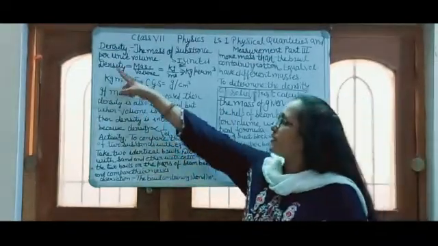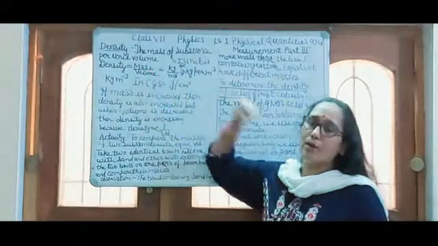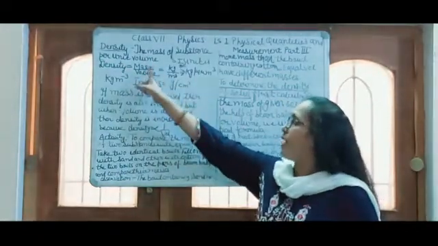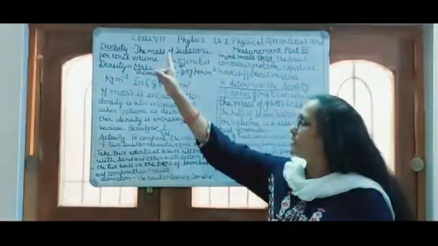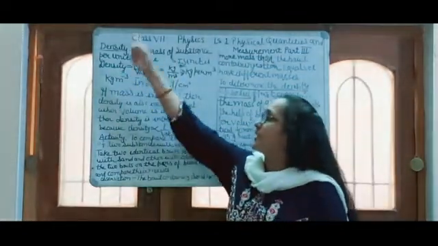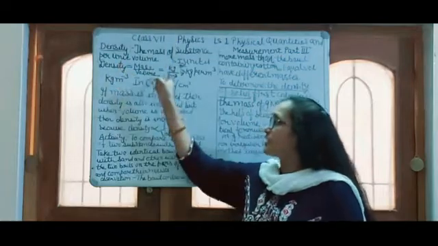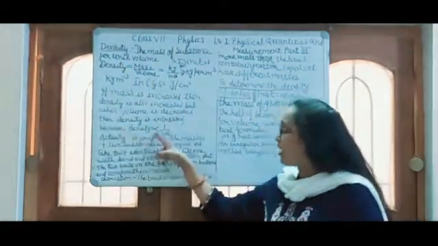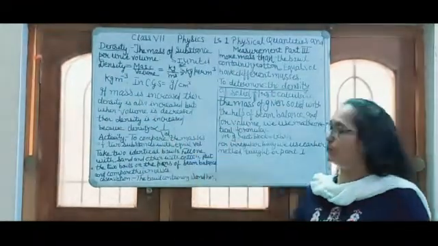How? See, density is directly proportional to mass, but inversely proportional to volume. So when mass is increased, density is increased. When volume is decreased, density is increased. When density is decreased, volume is increased, because density is inversely proportional to volume.